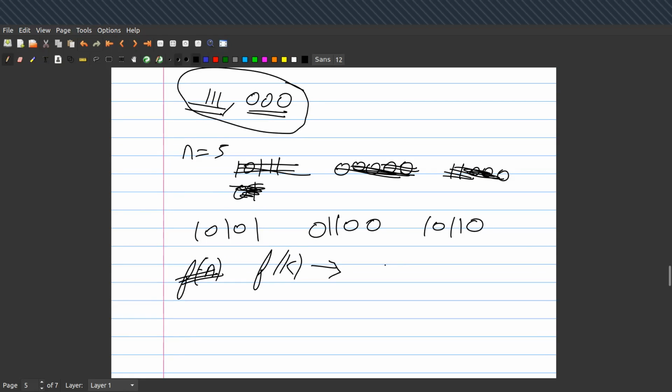What we can do is, if we know the solution for the first k letters, we can just append a digit. Let f_k denote the solution for a k length array such that the last digit is 1. So now we know that f_k is a solution for k. What we can do is we can either append a 0 over here, or we can append a 1, I guess.